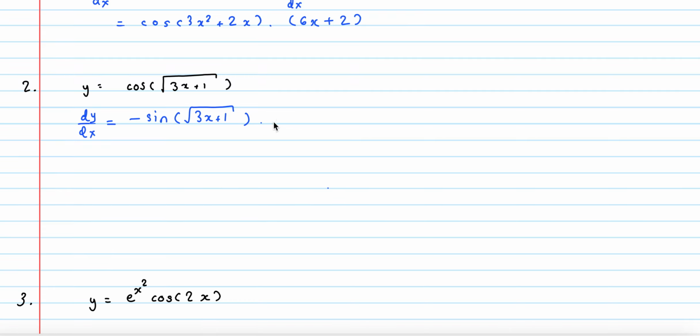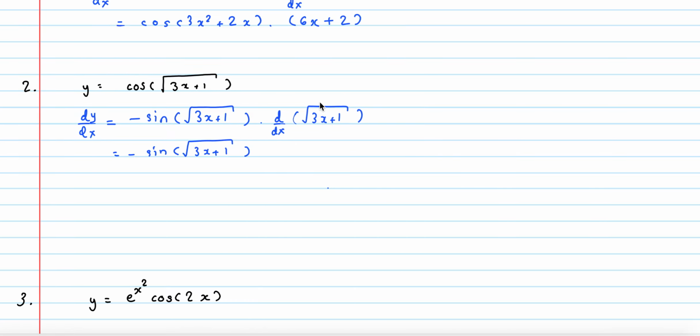And then we have to differentiate the inside function, which is the square root of 3x plus 1. If we differentiate this part, then again, we have a composite function, which is the square root function, and the inside function, which is 3x plus 1.